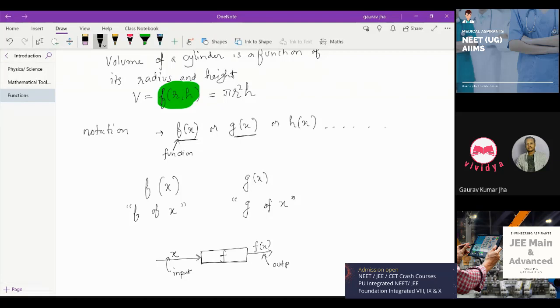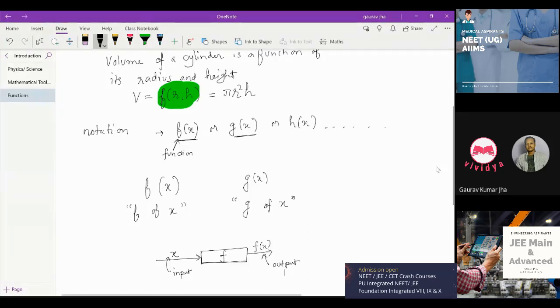That's what the function is doing. To simplify thoughts, think like that. There is a relation where you put the value of x, and what you get as output is the value of the function at that value of x.